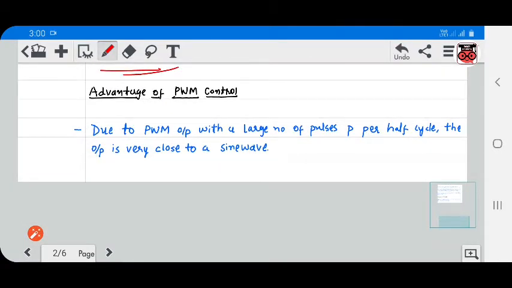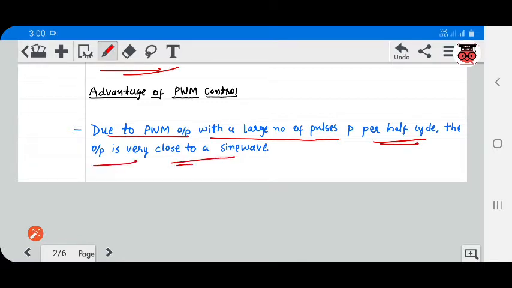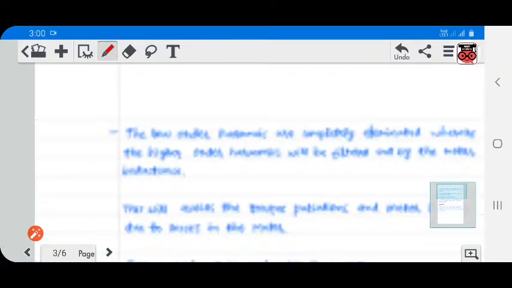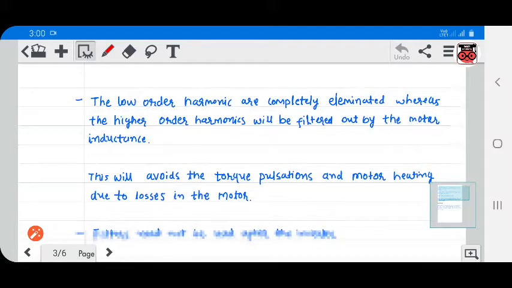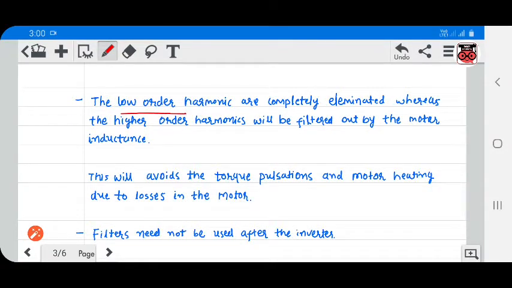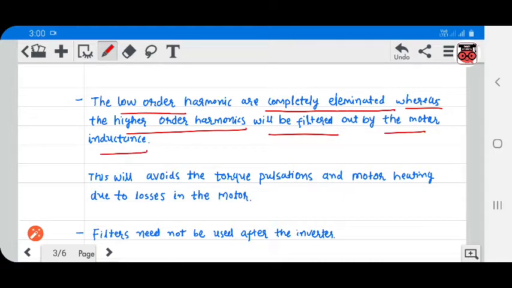Now, the advantage of PWM control is that due to the PWM output with a large number of pulses P per half cycle, the output is very close to a sine wave. The low order harmonics are completely eliminated, whereas the higher order harmonics will be filtered out by the motor inductance.